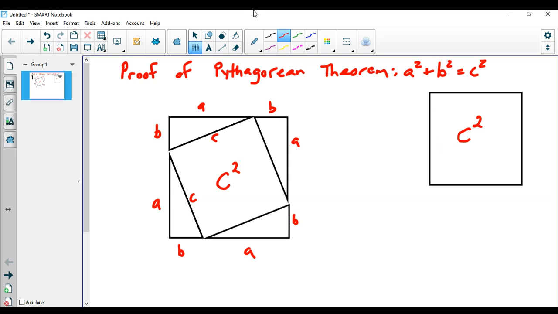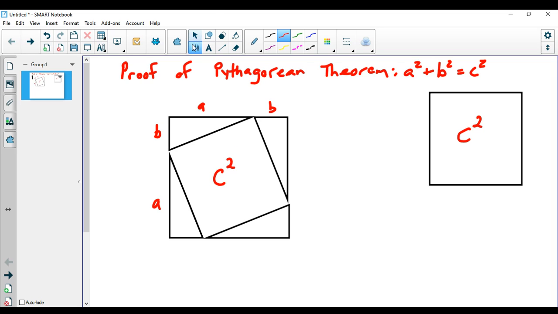Okay, and now I want us to remember this triangle arrangement. I'm going to get rid of all the stuff in here, and maybe I'll just write C squared here. Maybe this will help us later.